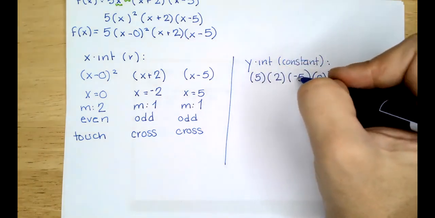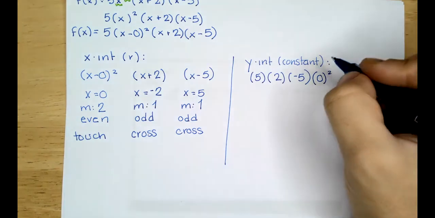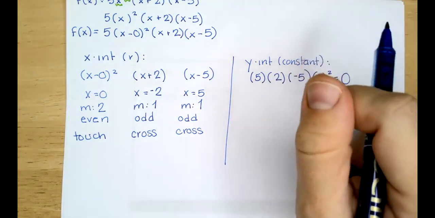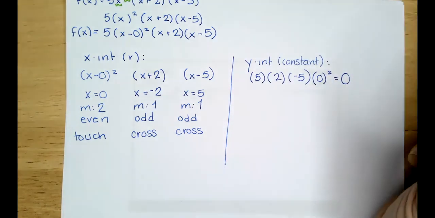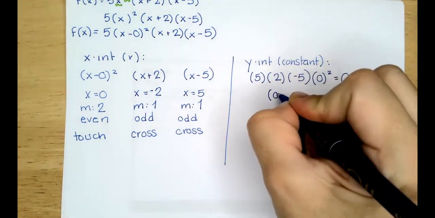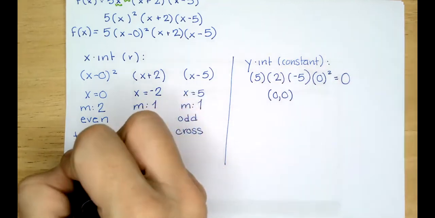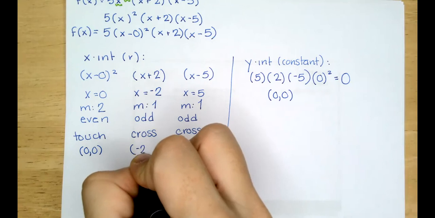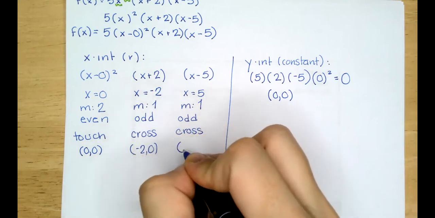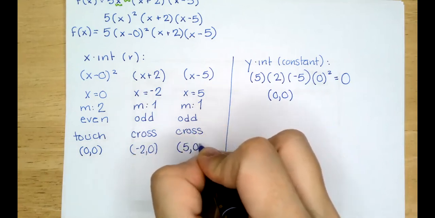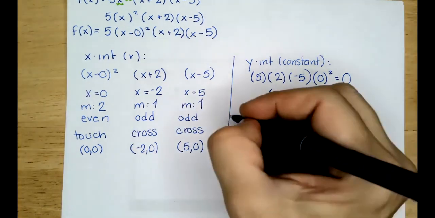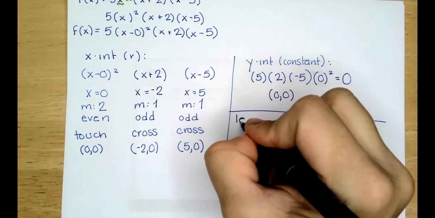So 5 times 2 times -5, but times 0 squared is just going to give us 0, right? Because no matter what, if you're multiplying it all by 0, it becomes 0. So our y-intercept is 0, 0. An x-intercept is -2, 0. And another x-intercept is +5, 0. Okay? Let's talk about the leading term.